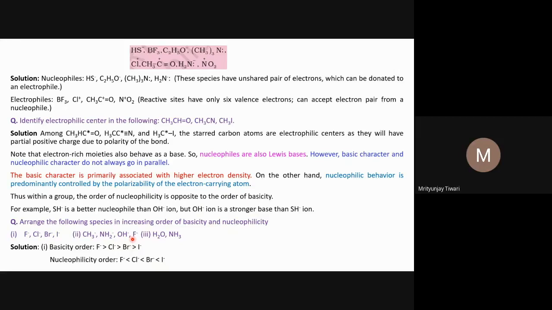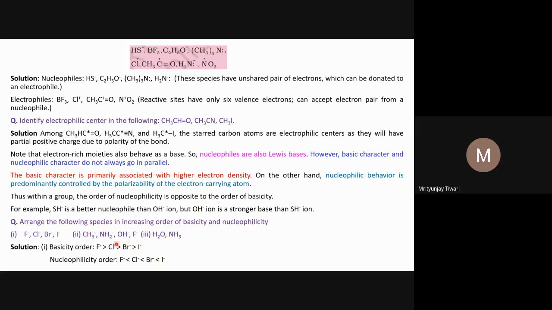As atomic size decreases, effective nuclear charge increases, and because of that, polarizability will also decrease as we go from left to right in a period of the periodic table. CH3 minus is carbon based, then nitrogen, oxygen, and fluorine.